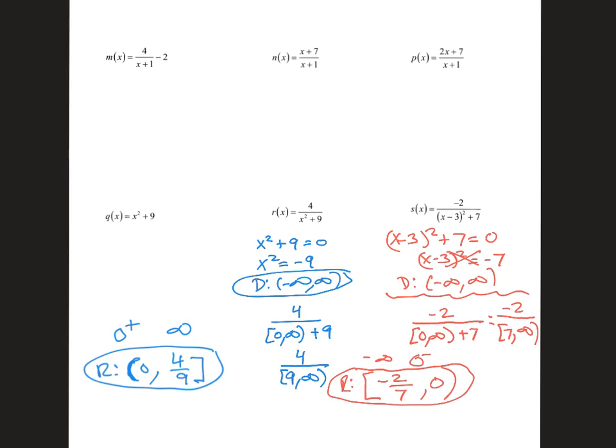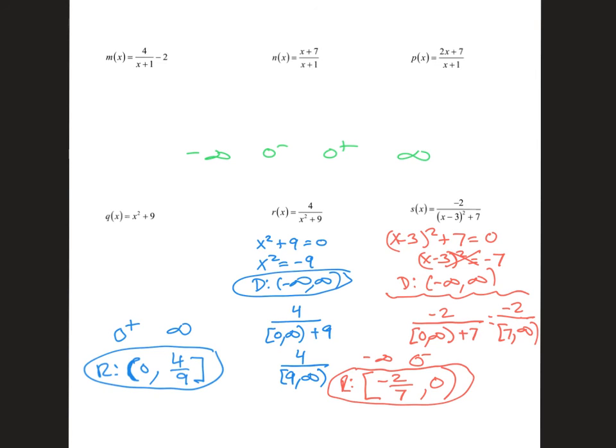So those are two kind of tricky problems. But when you have a number in the numerator and some sort of variable expression in the denominator, you really want to check to see if it's hitting your extremes. That should help you get towards the range.